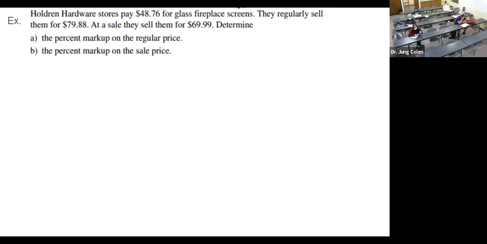Here's one example. Hardware stores pay $48.76 for a glass fireplace screen. They regularly sell them for $79.88. At a sale, they sell them for $69.99.